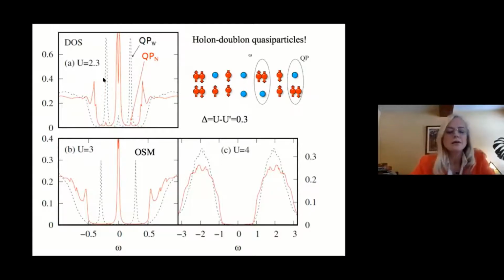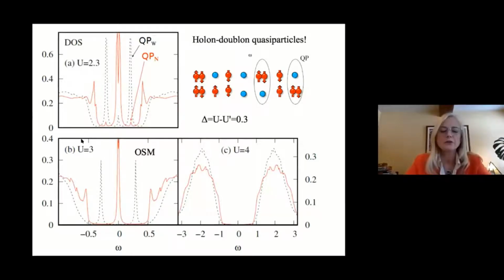In the opposite case, when U is very low, we have a metallic solution for both bands, the red and the black. This is the lower Hubbard band and the upper Hubbard band. We also see these inner edge features in our results, and we have a finite density of states in both bands, so both are metallic. But we see some structure already within this gap.